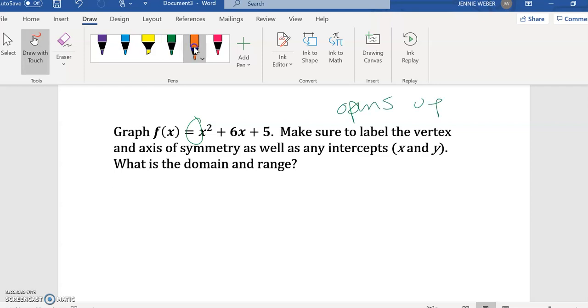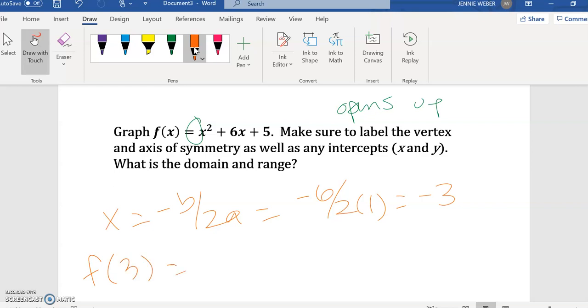And this can be useful because this can tell us things like, hey, do I have any x-intercepts to even look for? The next thing I'm going to do is find the vertex. So negative b over 2a. Negative 6 over 2 times 1, so negative 3. And then to find the y-coordinate, I take this back in, so negative 3 squared plus 6 times negative 3 plus 5.